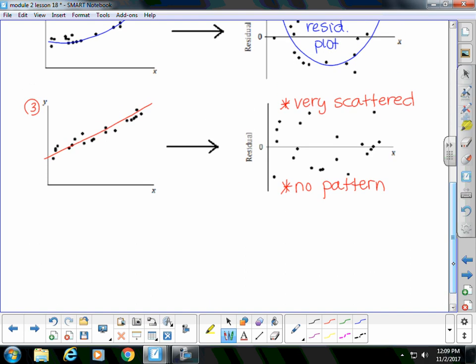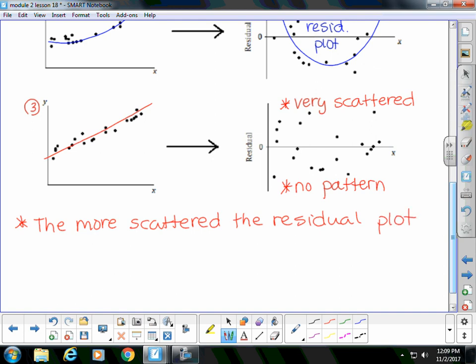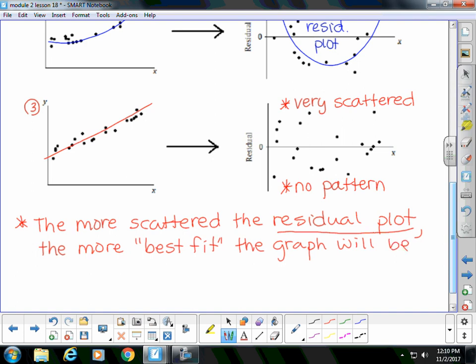Okay, so the point of this is that the more scattered the residual plot, the more the best fit of the graph will be to a linear.